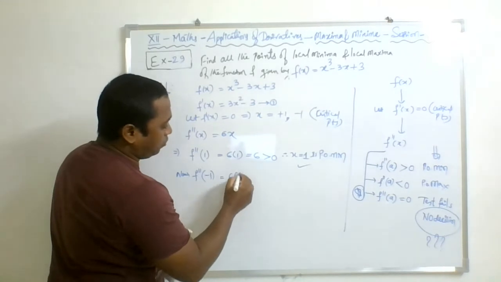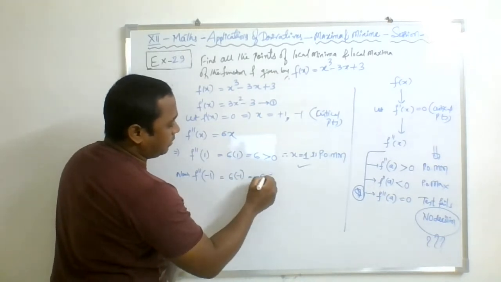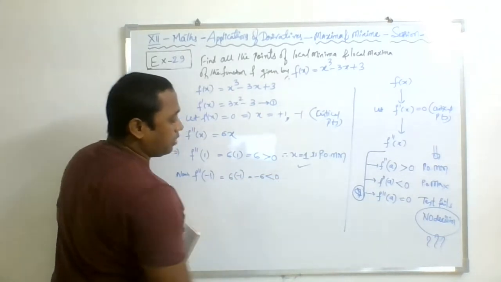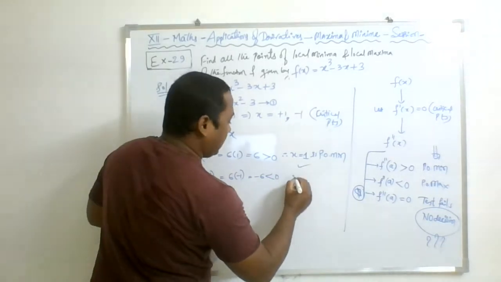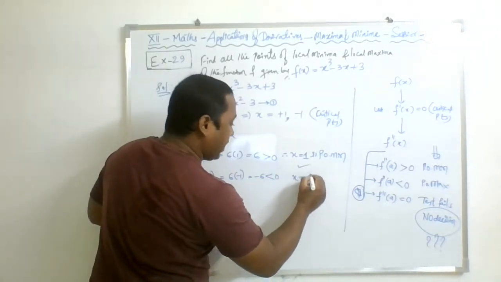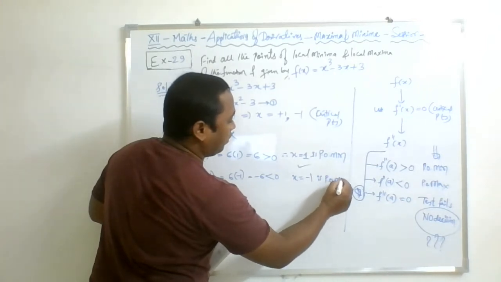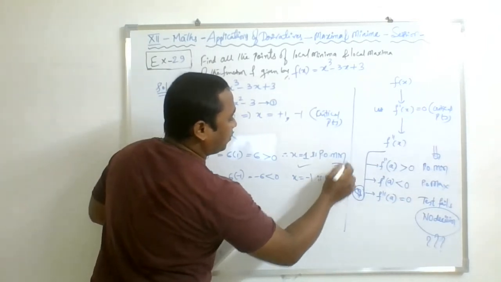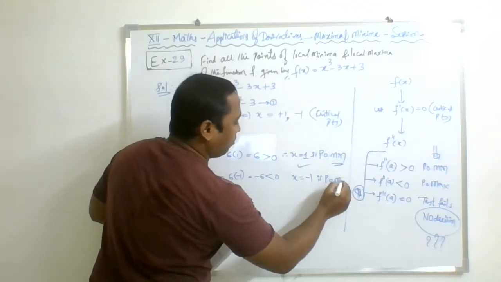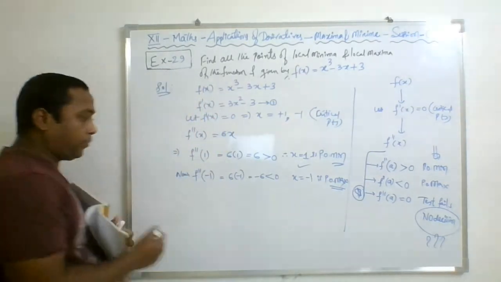So 6 into minus 1 is minus 6, which is less than 0. Therefore, x is equal to minus 1 is a point of minima. Sorry, point of maxima.